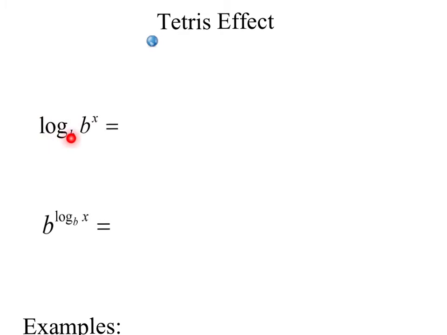You'll see here I have log base b of b to the x. What I want to point out that's really special here is that the base of the logarithm is b and the base of the exponent is b. They're the exact same number. Because they're the exact same number, something really awesome happens. To show you, I'm going to say that this equals smiley face. Now I'm going to rewrite this into exponential form.